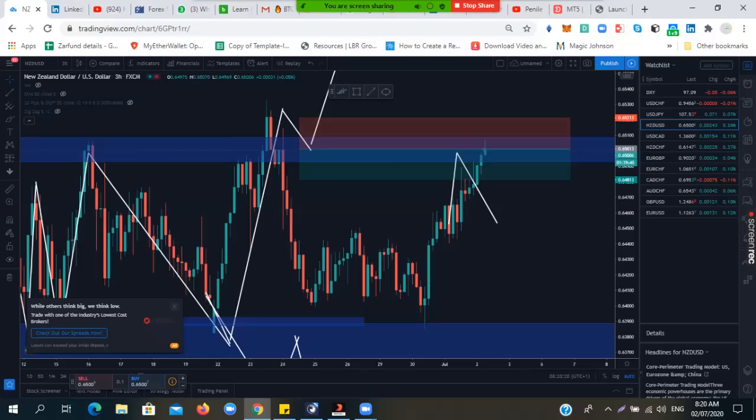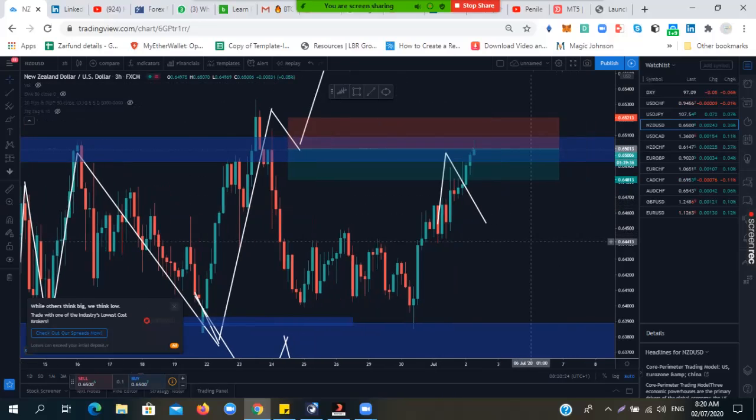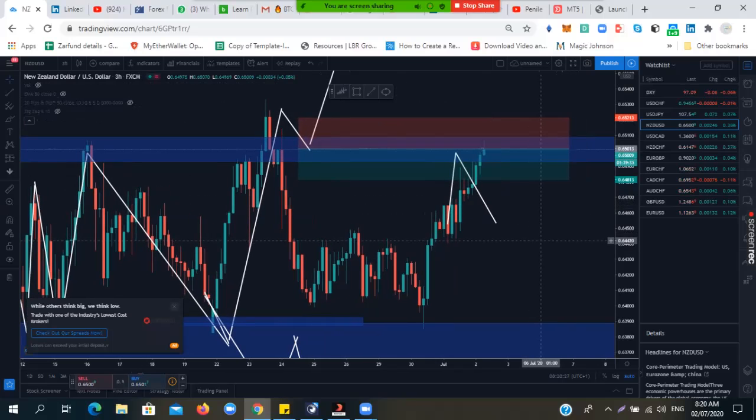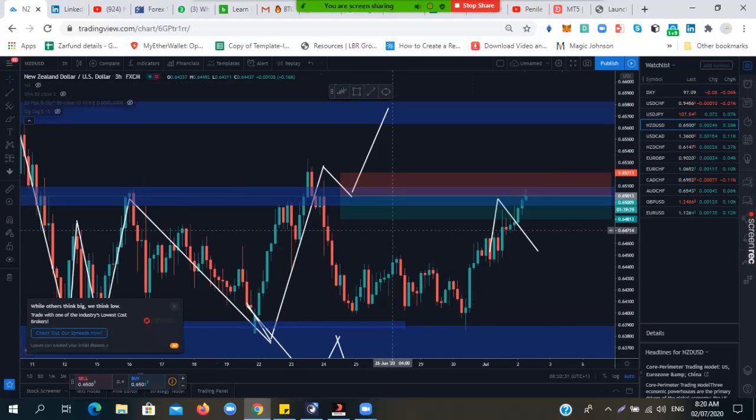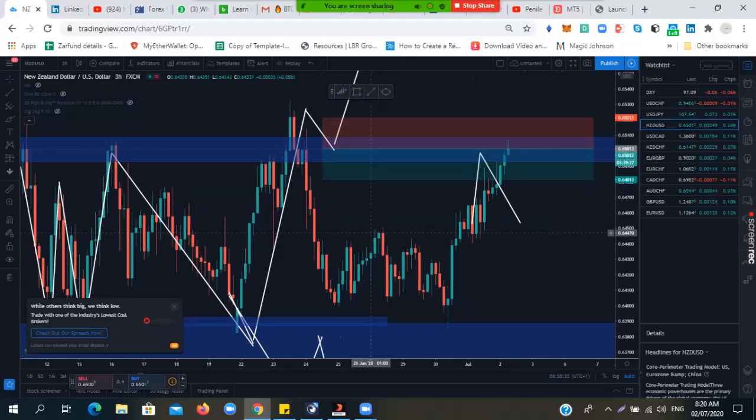Okay, so now what are we seeing in the markets this morning? This is a pattern I had looked at a couple of days ago. This is NZD USD. I already sent this trade out. I'm expecting to see a retest of these points.